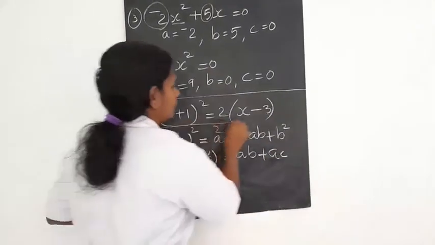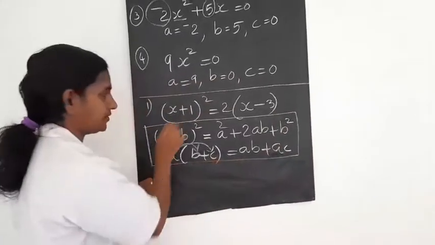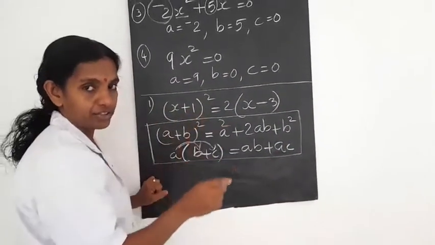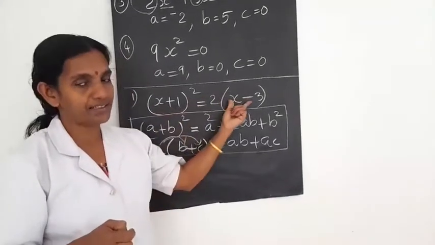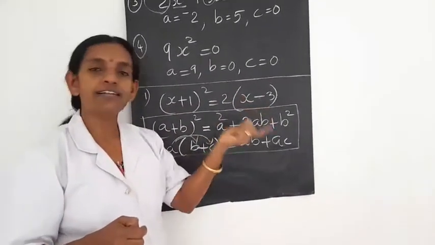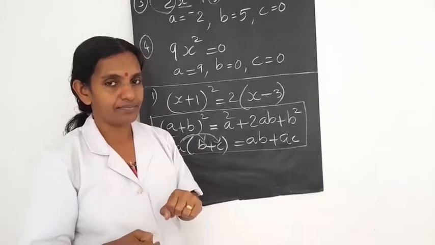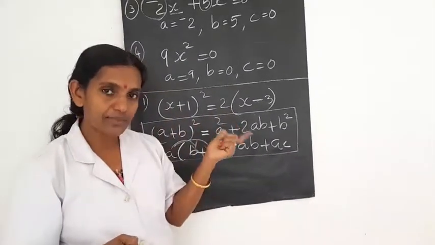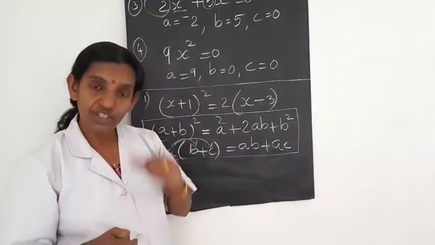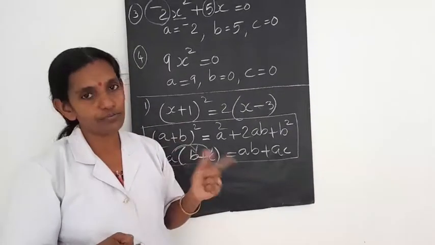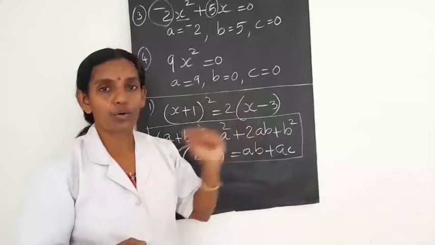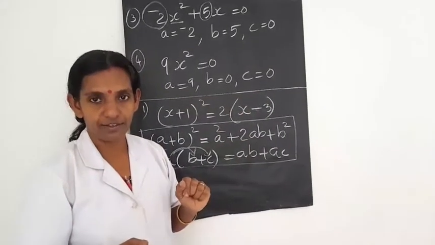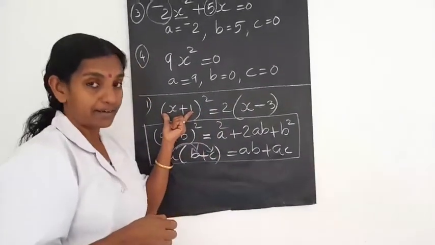If these two identities you are applying here and expanding. And our method is expanding left side and right side and taking all the terms to the left side. Then check whether it is of the form ax square plus bx plus c equal to 0 or not. That's our method.